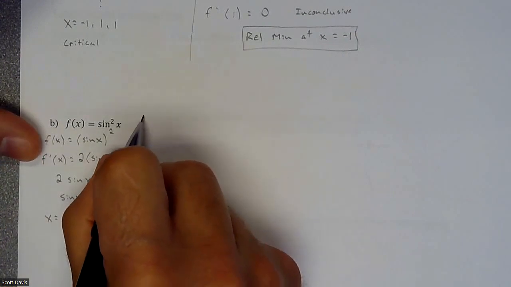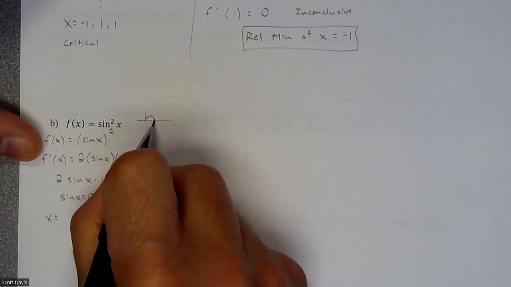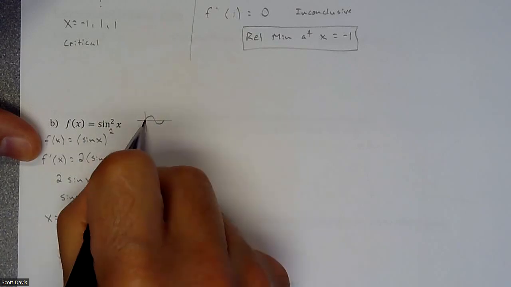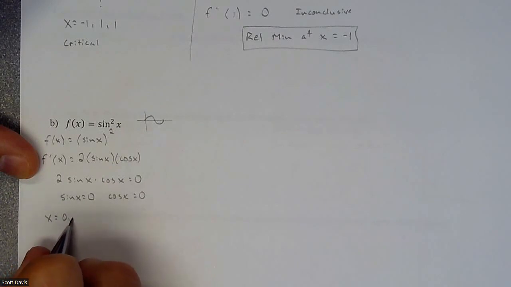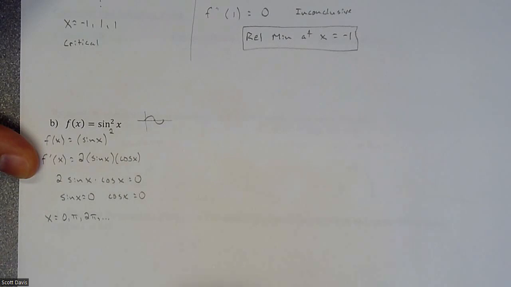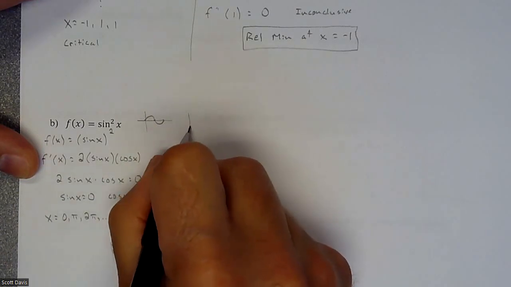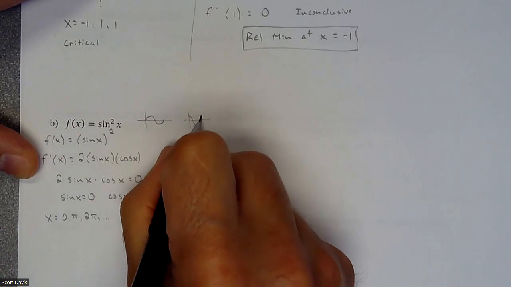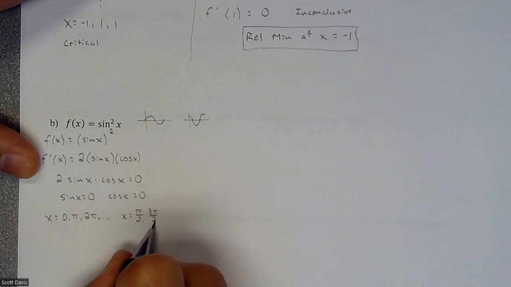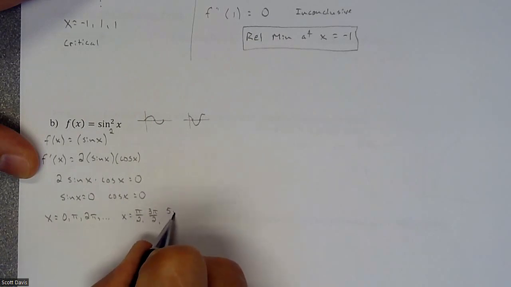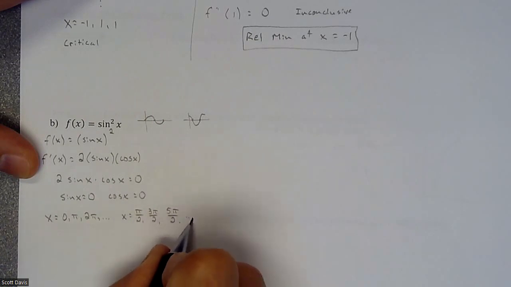I think of it as the graph. Sine looks like that. So I'm going to get zeros at 0, pi, 2 pi, on and on with that pattern. And then cosine is zero at pi over 2 and 3 pi over 2, and then you'd have a 5 pi over 2, on and on.